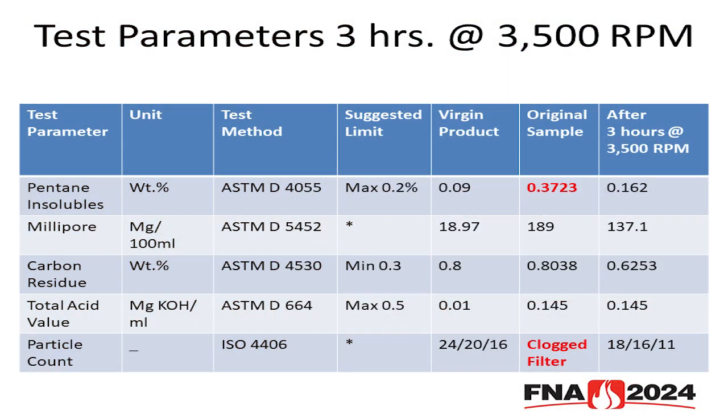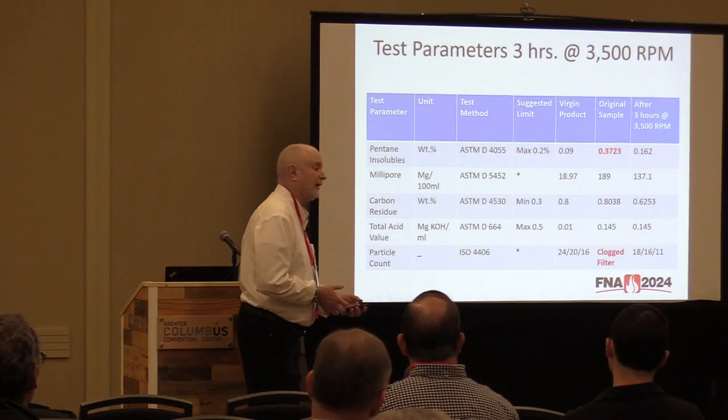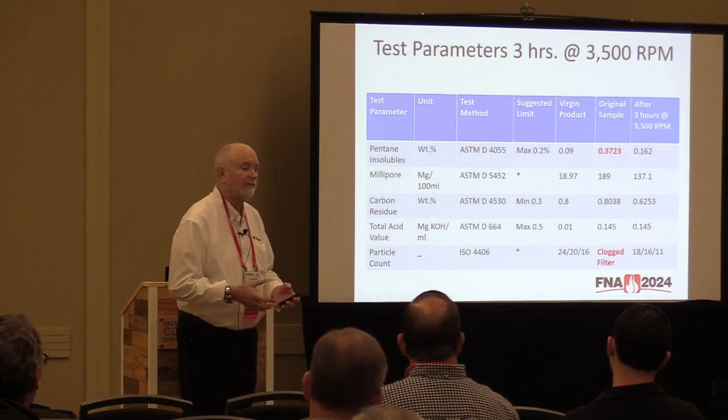Now, after running it for 3 hours at 2,500 RPMs, everything comes back into spec. And if you'll notice the particle count, this first number, 24 and the 18, that's a 4 micron.